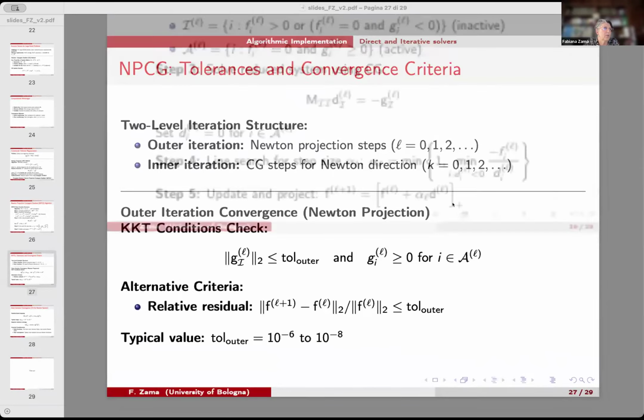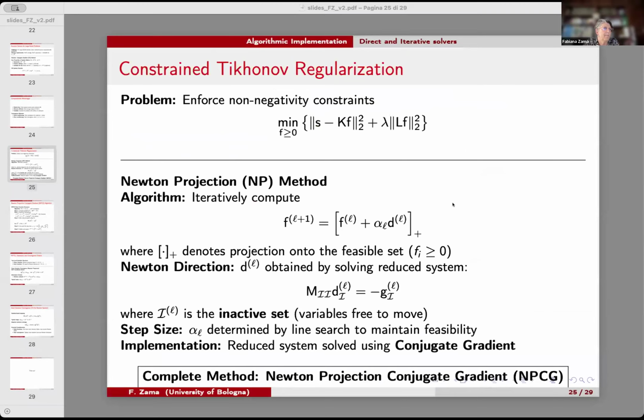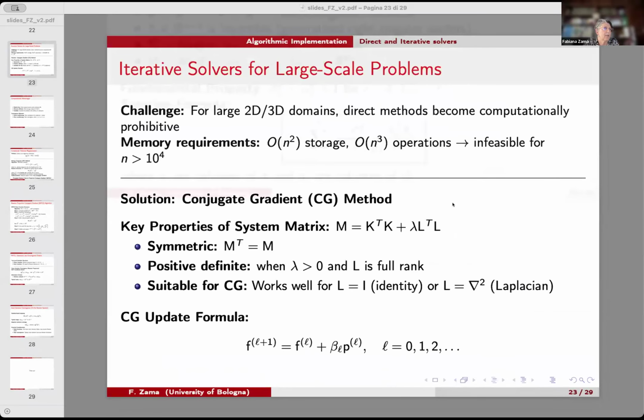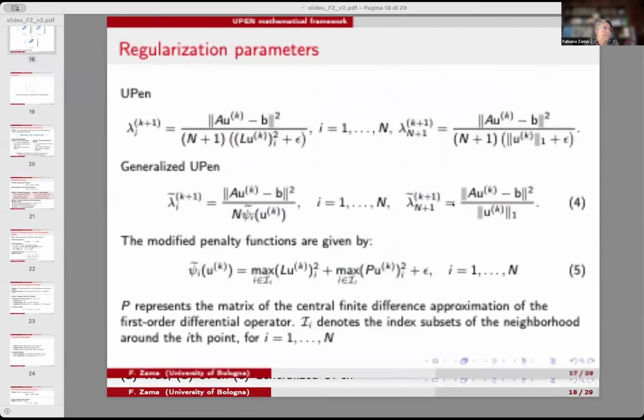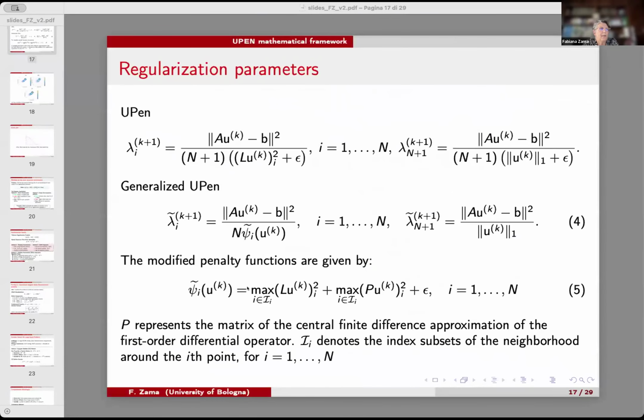In the only example that I've shown you here, I didn't put any parameter, but actually in the software you have parameters beta 0, beta 1 and beta 2.